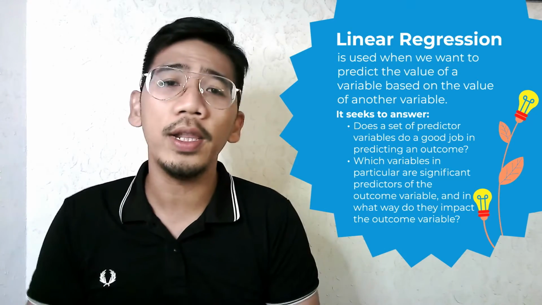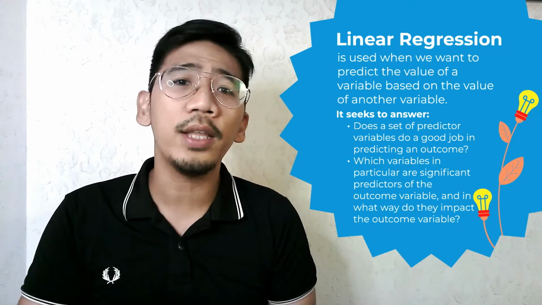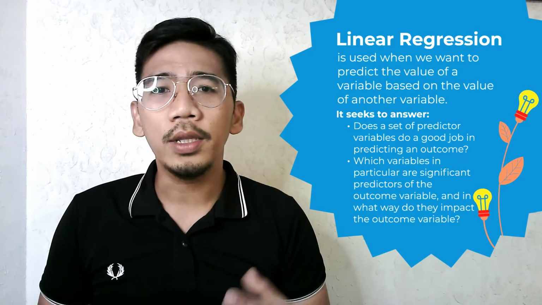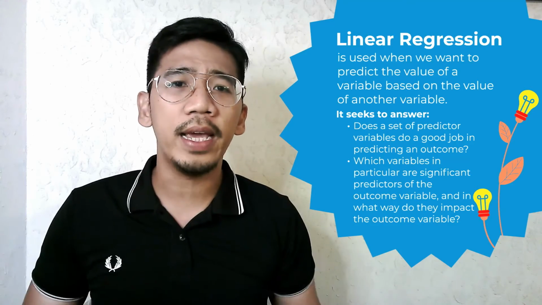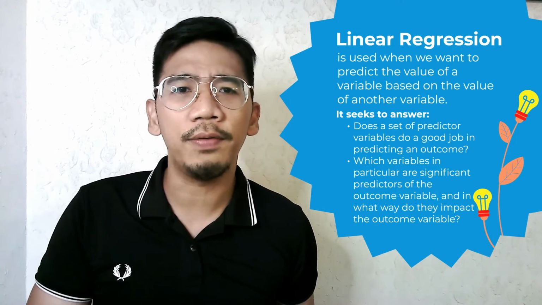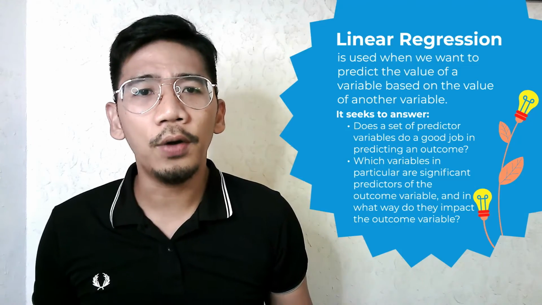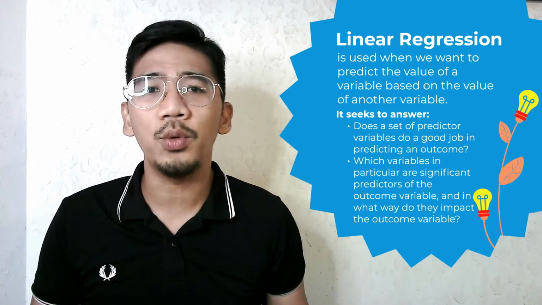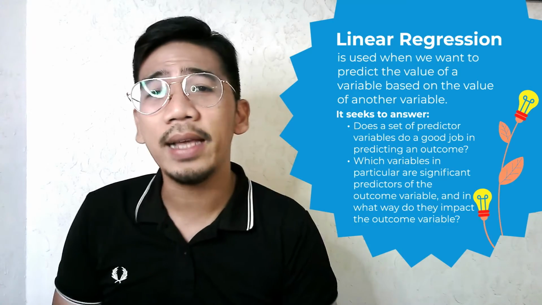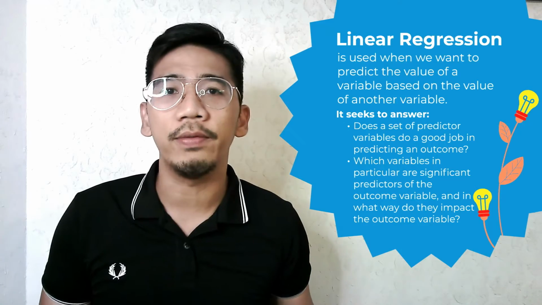So the overall idea of regression is to examine two things. Does a set of predictor variables or variable do a good job in predicting an outcome or dependent variable, and which variable in particular are significant predictors of the outcome variable, and in what way do they, indicated by the magnitude and sign of the beta estimates, impact the outcome variable.